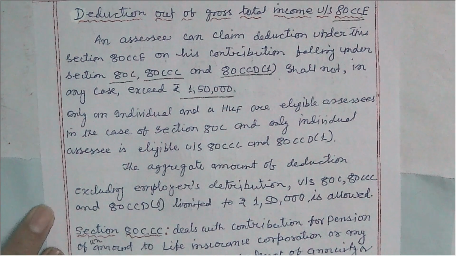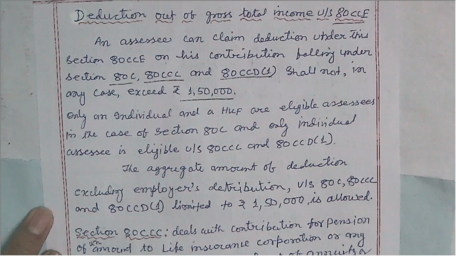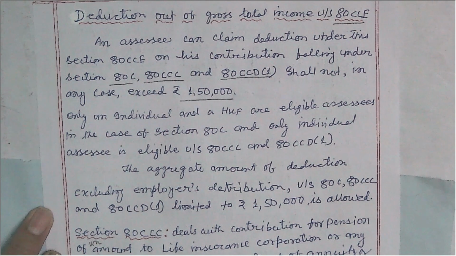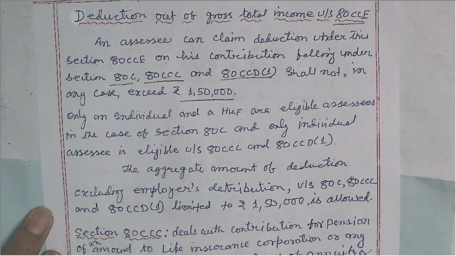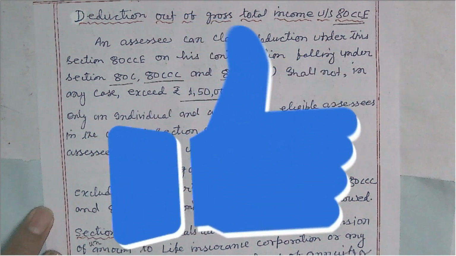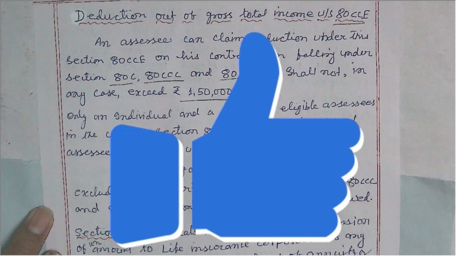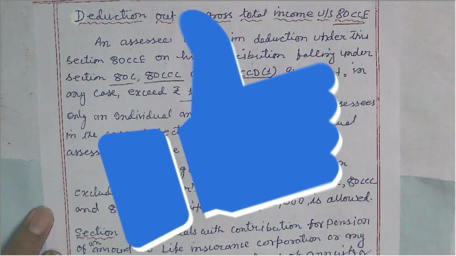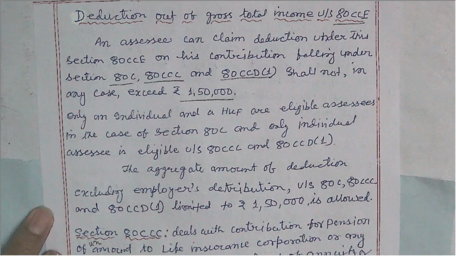So the aggregate deduction under section 80C, 80CCC and 80CCD subsection 1 together cannot be more than 1,50,000. Or in each individual case, like only under section 80C the same amount 1,50,000, or only under section 80CCC the same amount 1,50,000, or under section 80CCD subsection 1 rupees 1,50,000.